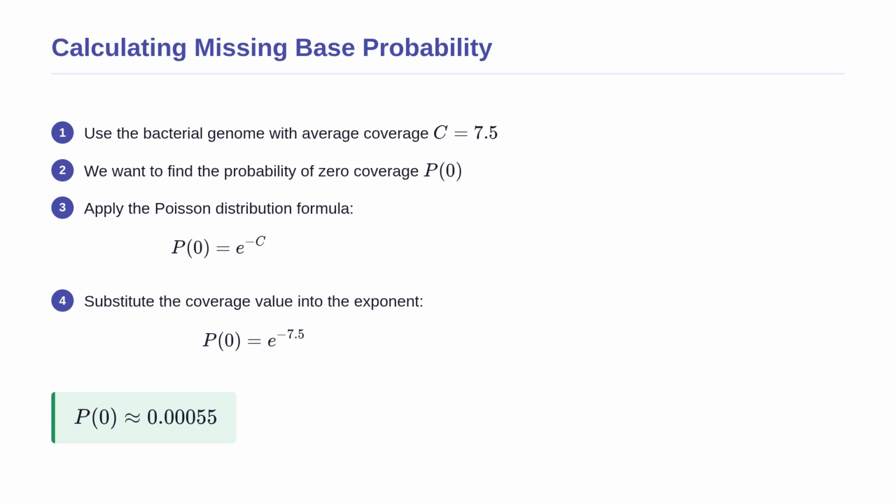We substitute our coverage value of 7.5 into the negative exponent of Euler's number. Calculating e to the power of negative 7.5 gives us approximately 0.00055. Physically, this means there is a 0.055% chance that any specific base is missed. In a 4 million base genome, about 2,200 bases would be completely missing.